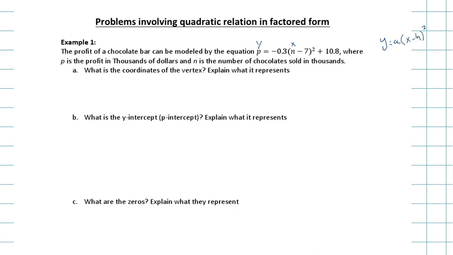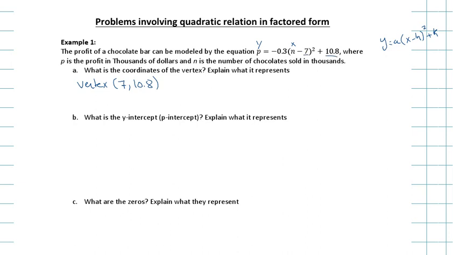Right? It's exactly the same format. Good. Now, what is your vertex? 7 and 10.8. That's right. So the vertex is 7 and 10.8. Okay? Where did we get the vertex from? From our equation, right? 7 and 10.8.